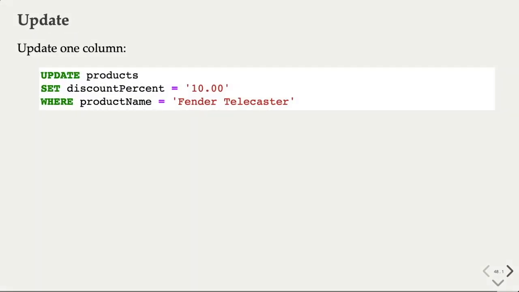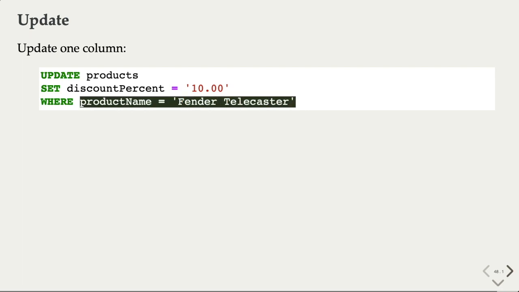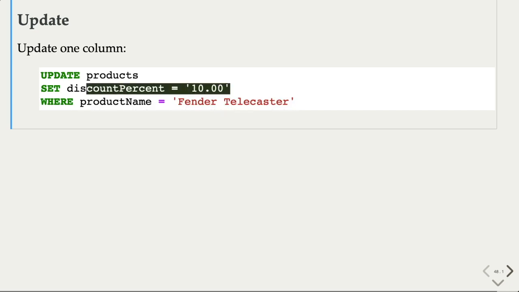Update. You can use the update statement to update one column. For example, you want to set the discount percent to 10 for this particular product name. This potentially sets one product, or it may be multiple products, but only changes the value of one column.